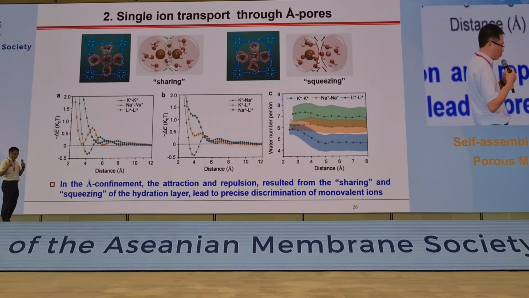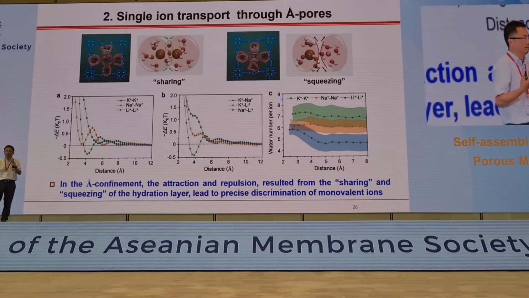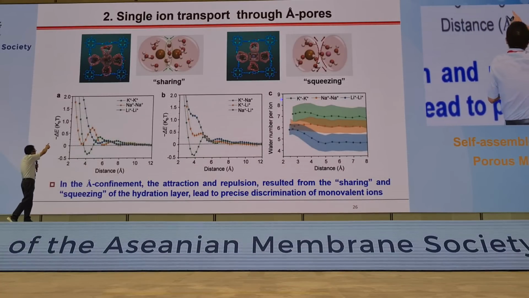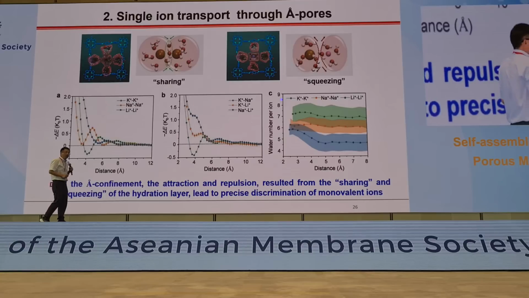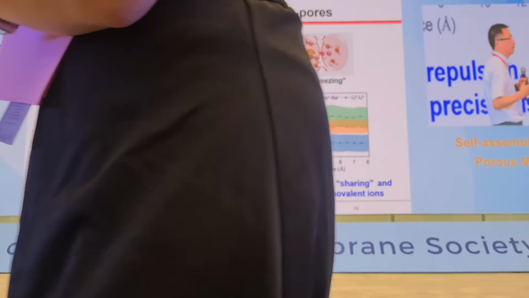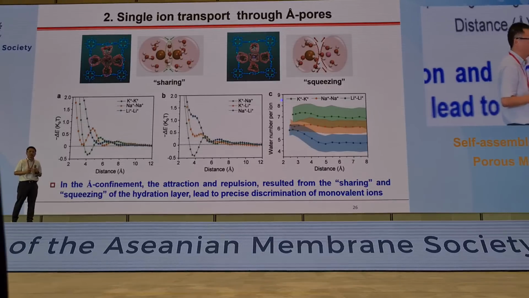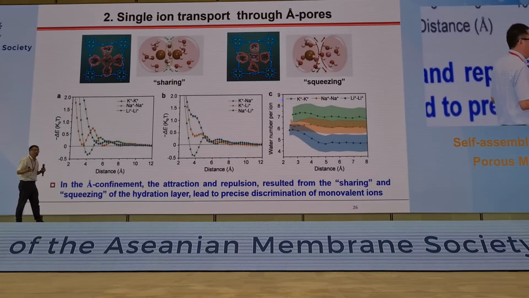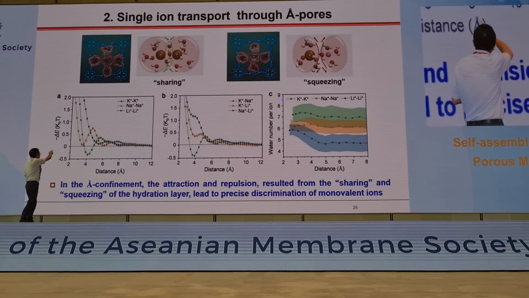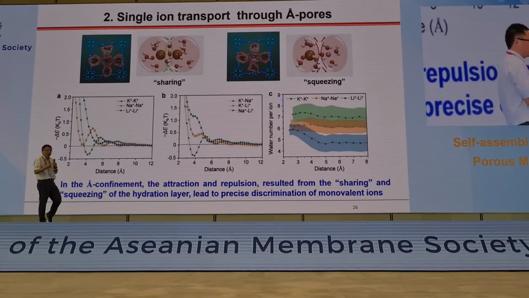So when they approach each other, the hydration layer of potassium is easy to deform and share this hydrated water layer. But lithium and sodium cannot. So that's the reason: one should share the water layers, the other should squeeze the water layer.